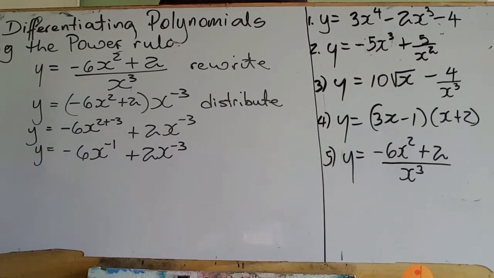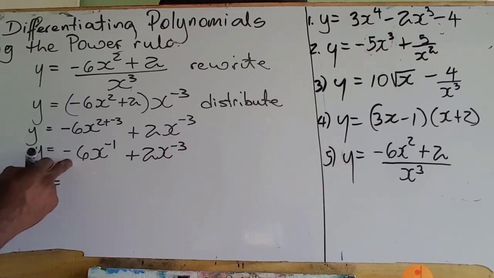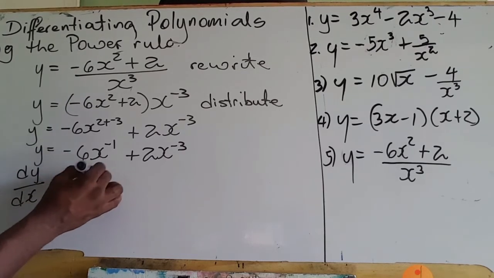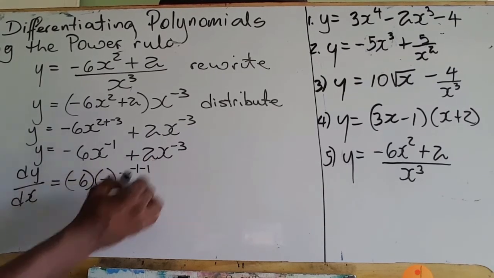So at this time, we have some nice powers there, so we can simply take our derivative. dy dx is equal to negative 6 multiplied by negative 1, x to the negative 1 minus 1.